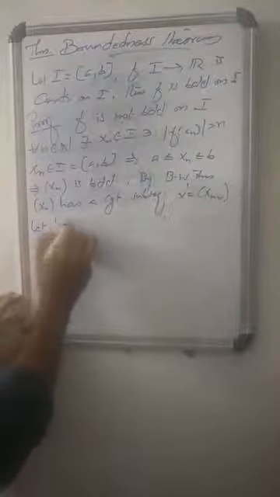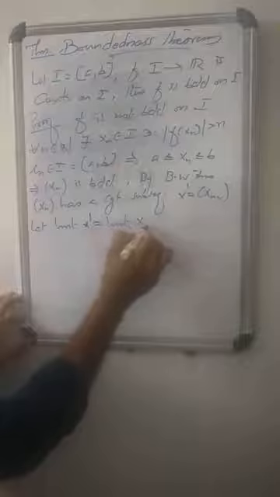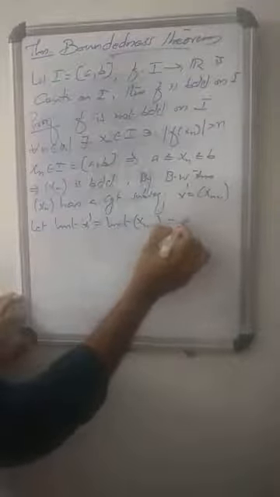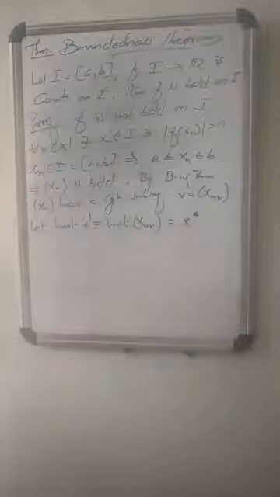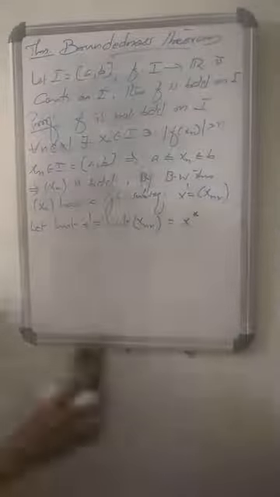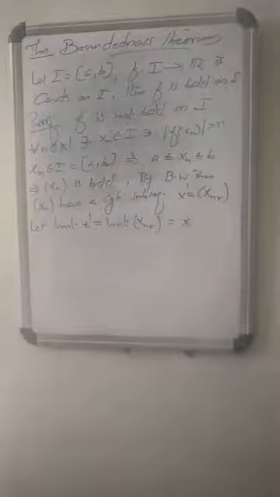It is convergent, so its limit exists. So the limit of x dash equals the limit of x_{n_r} equals, suppose, x. Not x star, it is simply x.